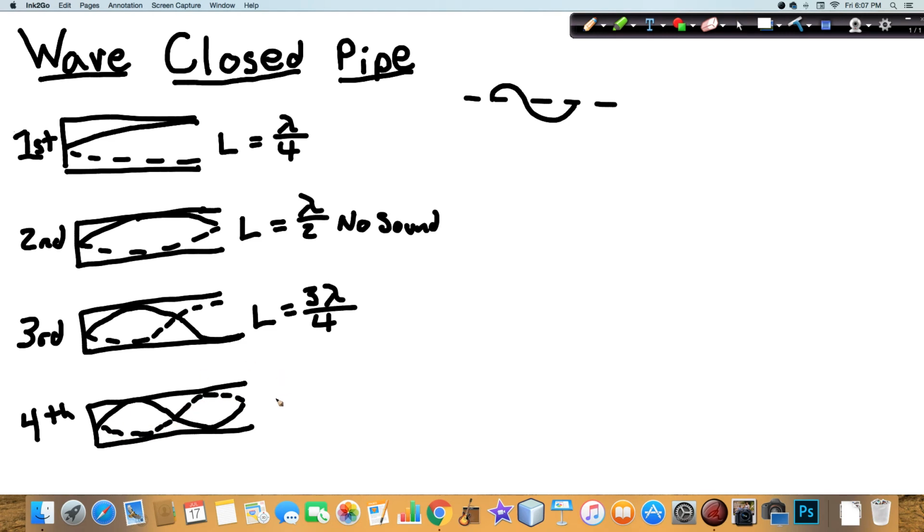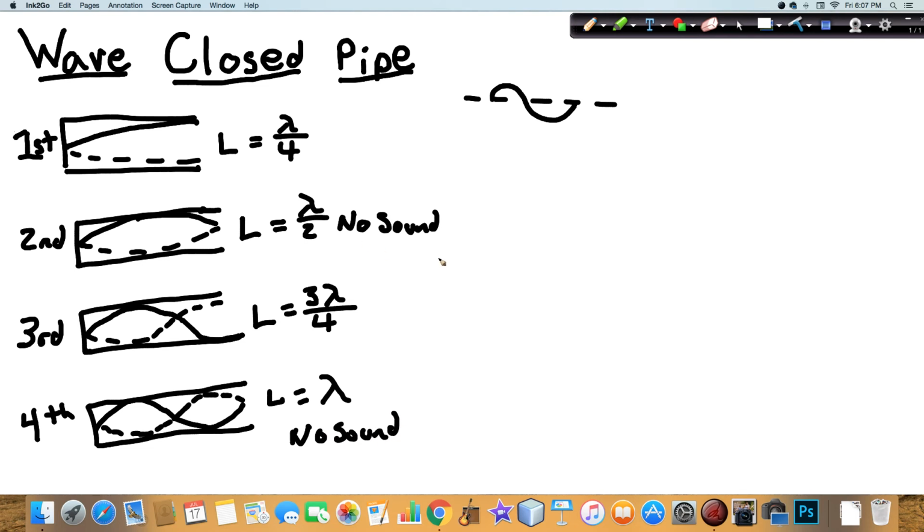What you notice is that 4/4 ends up making the whole wave. You've got the up and then down, it comes back. It looks like a whole wave like this. So the length of the pipe ends up equaling a wavelength. But once again, the fourth harmonic has this area of low pressure right here, and there's going to be no sound resonating out. So once again, this will be no sound.